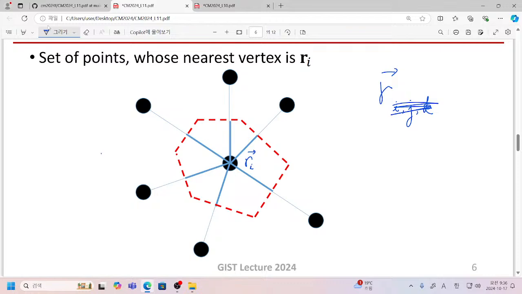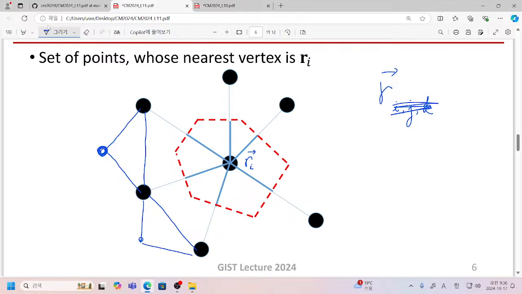Well, for example, now we can consider this kind of realization. Say that sometimes we may have these kinds of points.